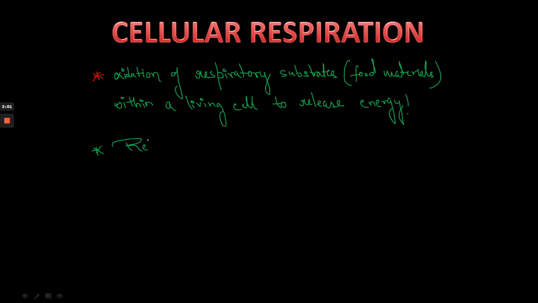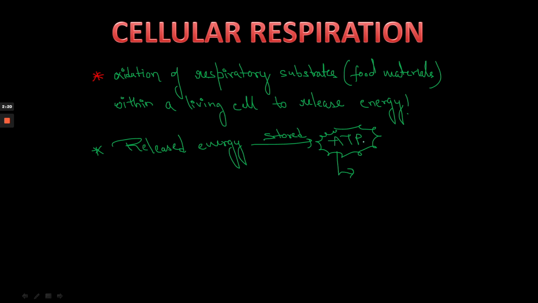So I can write: released energy is going to be stored up in the form of ATP. And we know ATP is the energy currency of the body, and it stands for adenosine triphosphate.